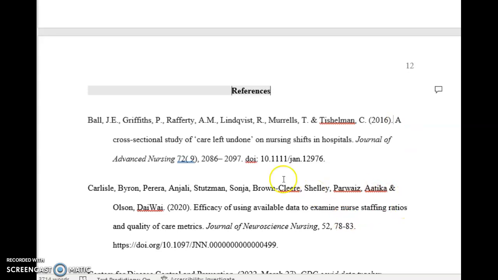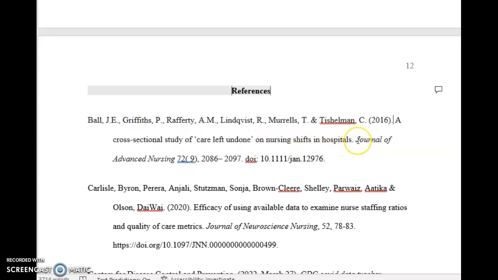There we go. So we're going to write out the authors, their last name followed by their initials, and then the year of publication. We'll write the article name, and again, we're only capitalizing the first letter of the first word of the article name or the article title.